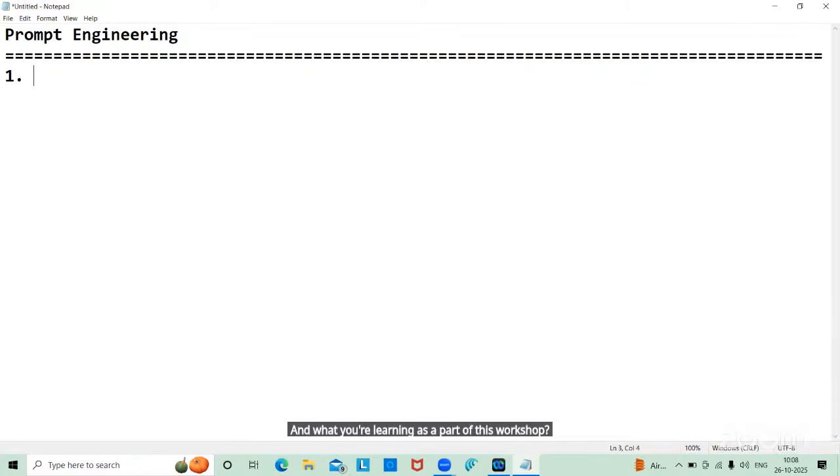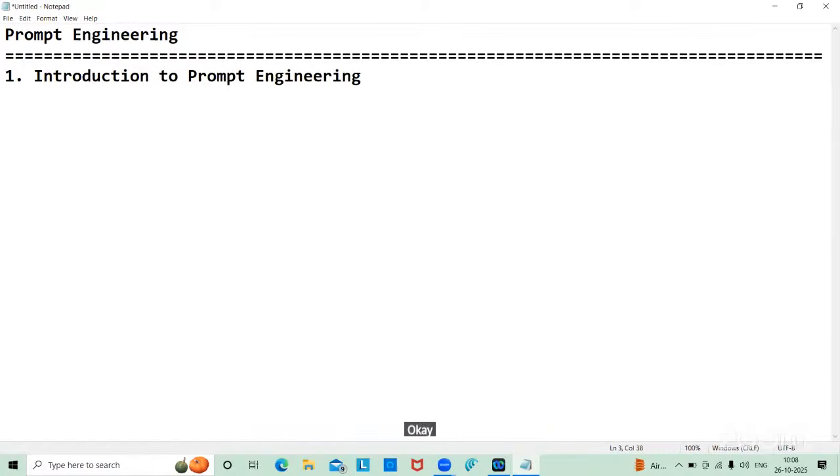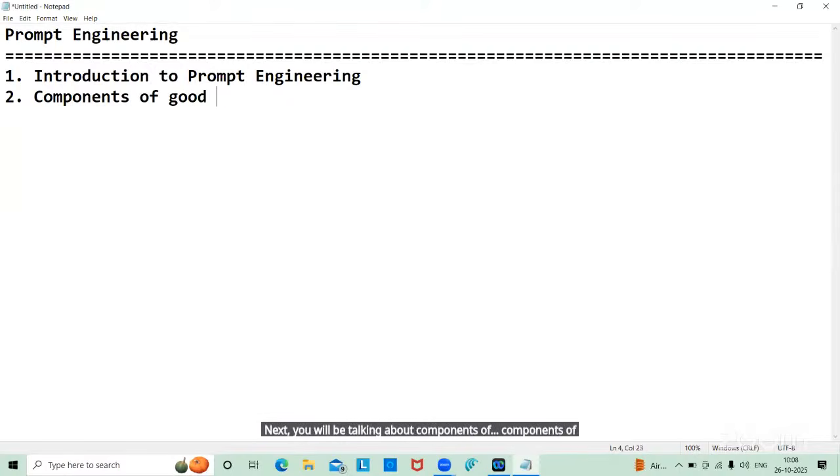So the first thing you are learning about is an introduction to prompt engineering. Next, you will be talking about components of good prompts.